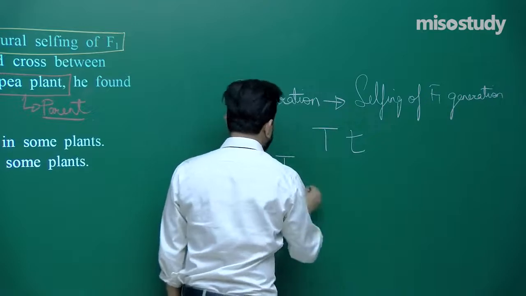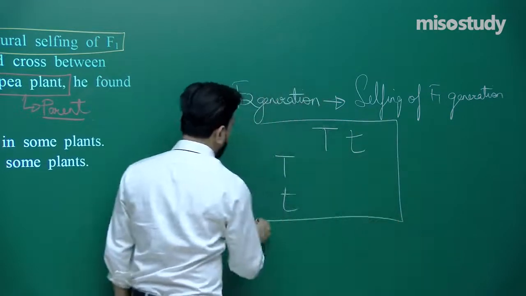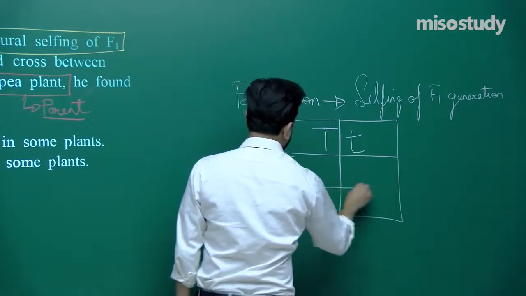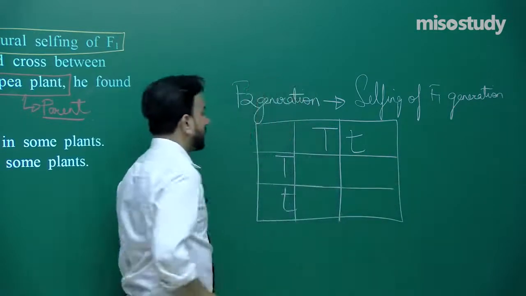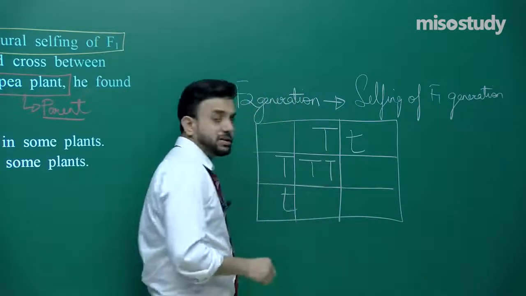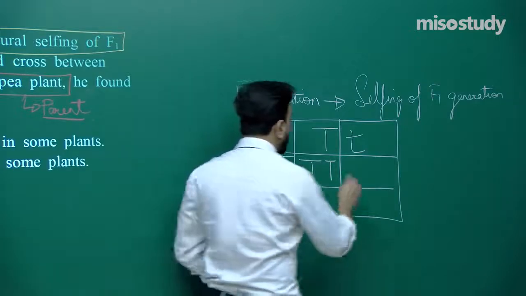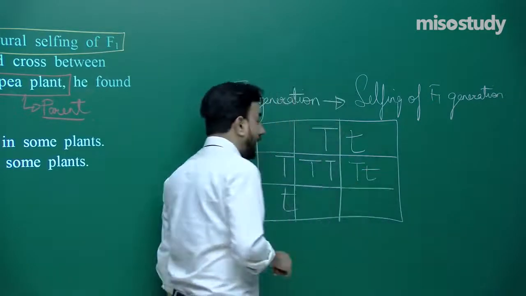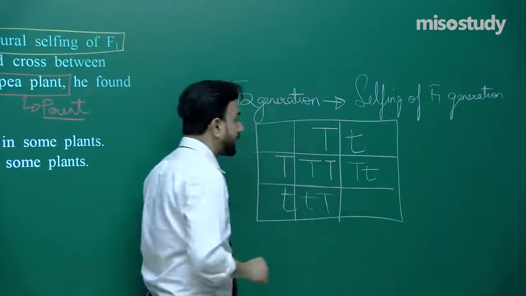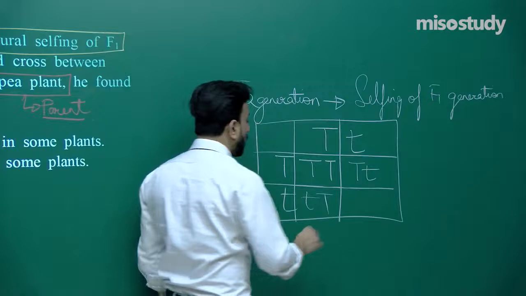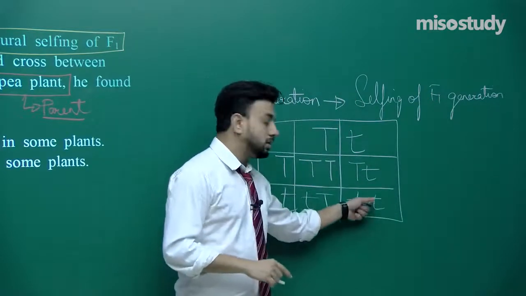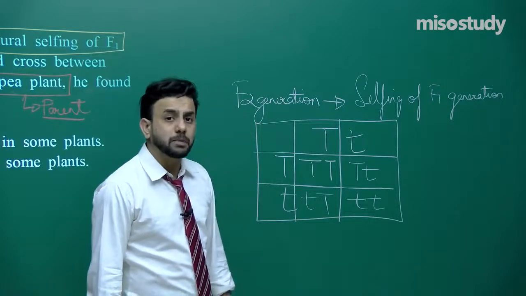So if we self this one again, what will we obtain? Capital T capital T, again a homozygous dominant condition, capital T small t, a heterozygous dominant condition, capital T small t, a heterozygous dominant condition, and small t small t, that is, dwarfness has appeared again back here.